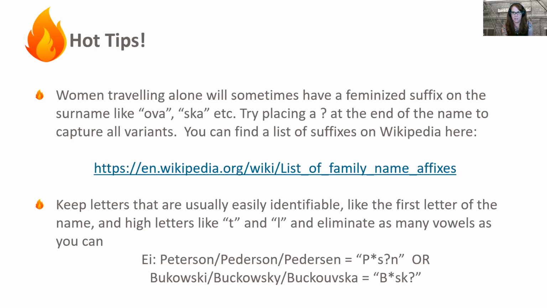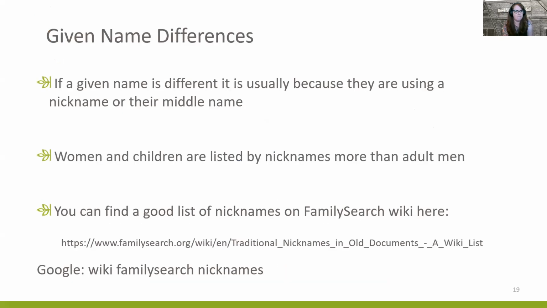And you can see down below on the slide where I talk about Bukowski and how that would look when I'm just doing B star SK question mark. And again, eliminating the vowels in the searches and trying to keep it to identifiable letters can be very helpful.